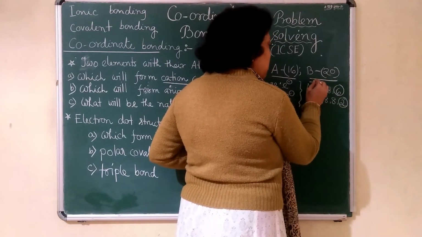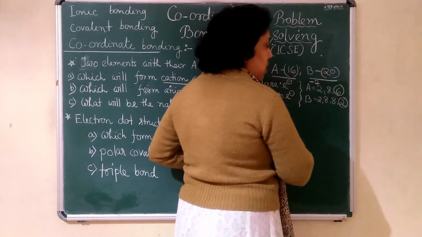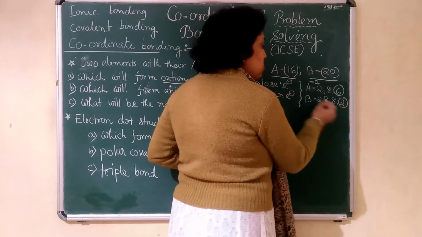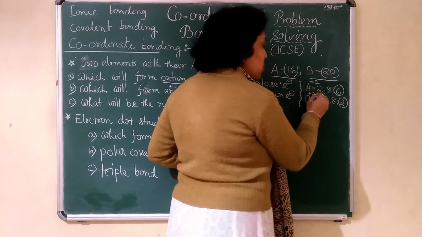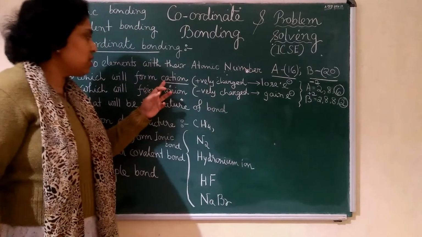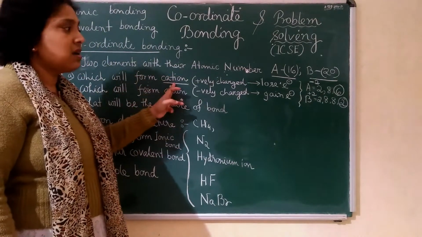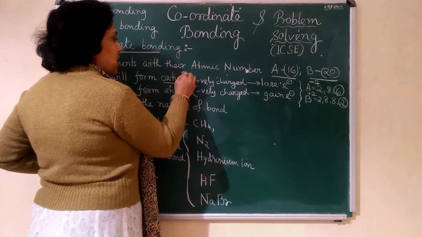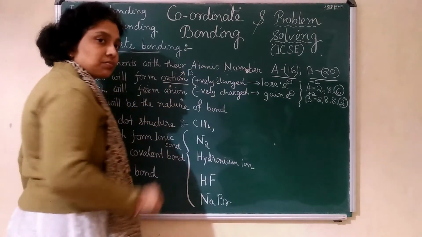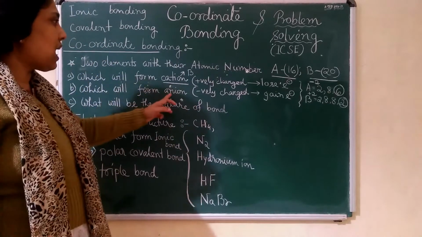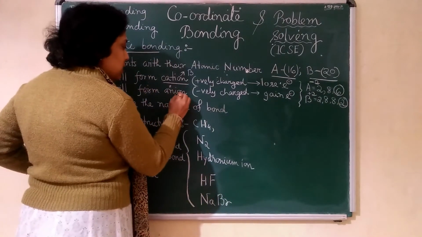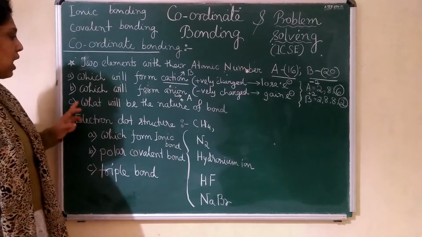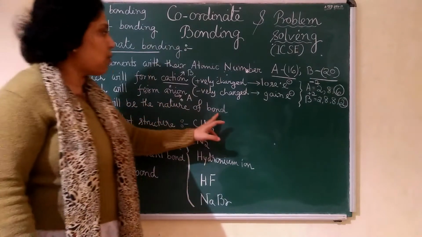By gaining, A will be -2, and B will lose 2 electrons. By losing, B will be +2. So you can easily tell me who will form the cation? B will form the cation. So the answer is B. Who will form the anion? A will form the anion. So the answer is A.